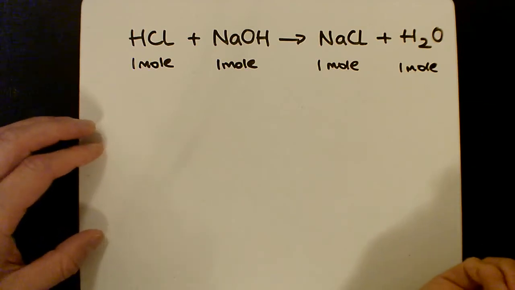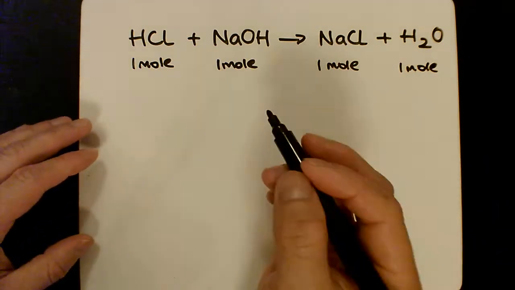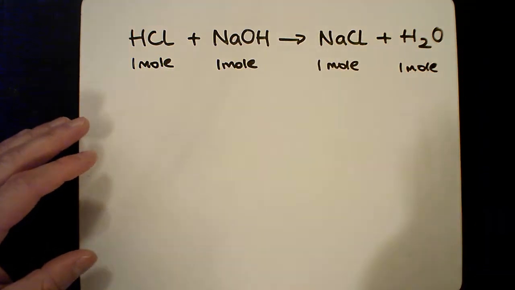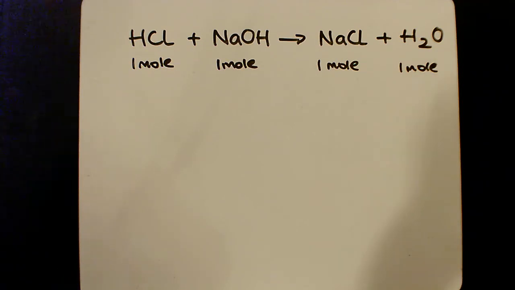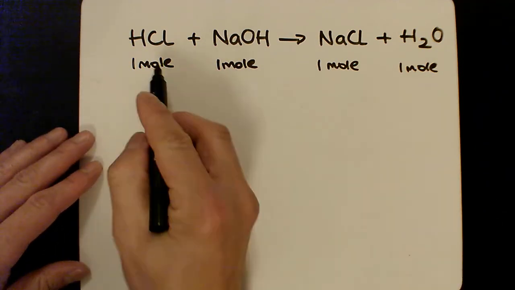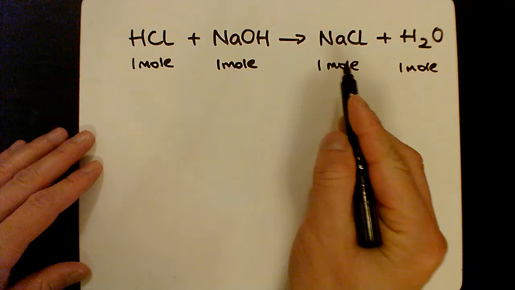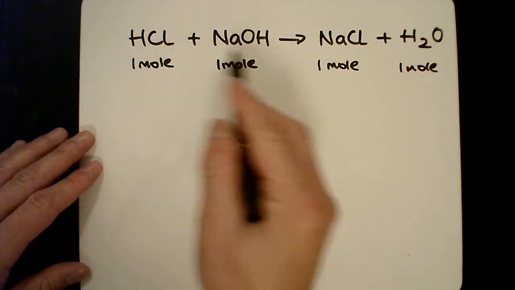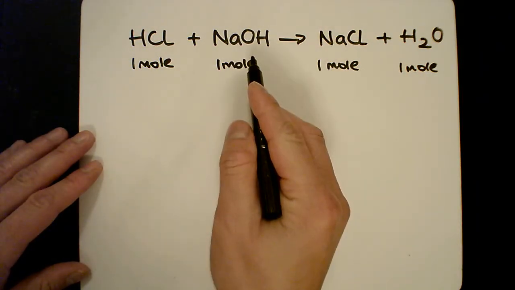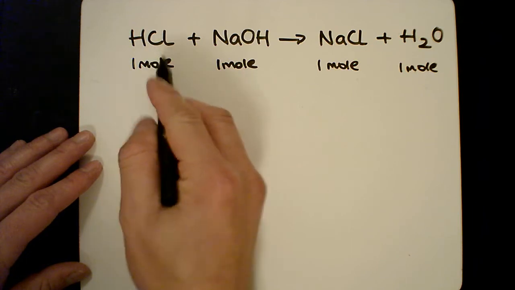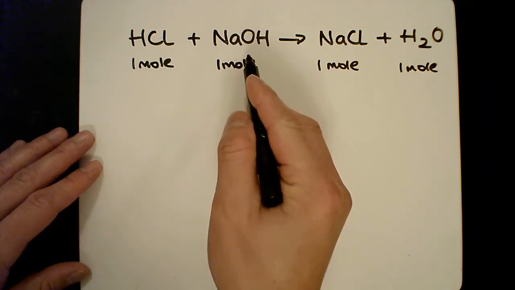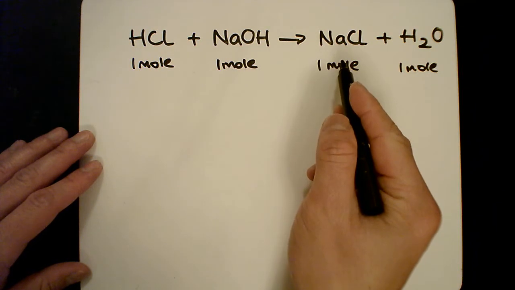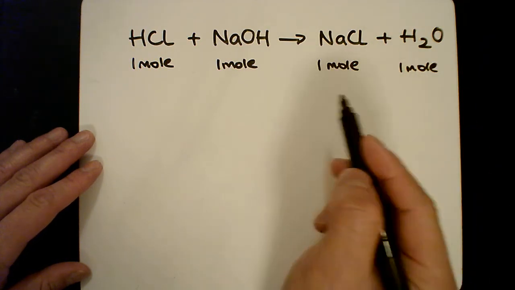And a word that you need to know is stoichiometry. Stoichiometry basically means the ratio of the substances. So here we have a 1-to-1 ratio between the acid and the alkali. So 1 mole of hydrochloric acid will react with 1 mole of sodium hydroxide to give you 1 mole of sodium chloride and 1 mole of water.